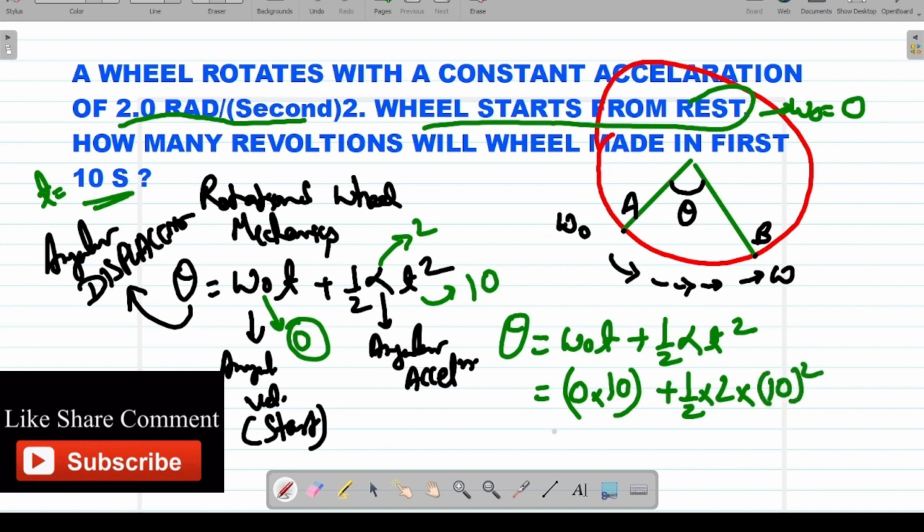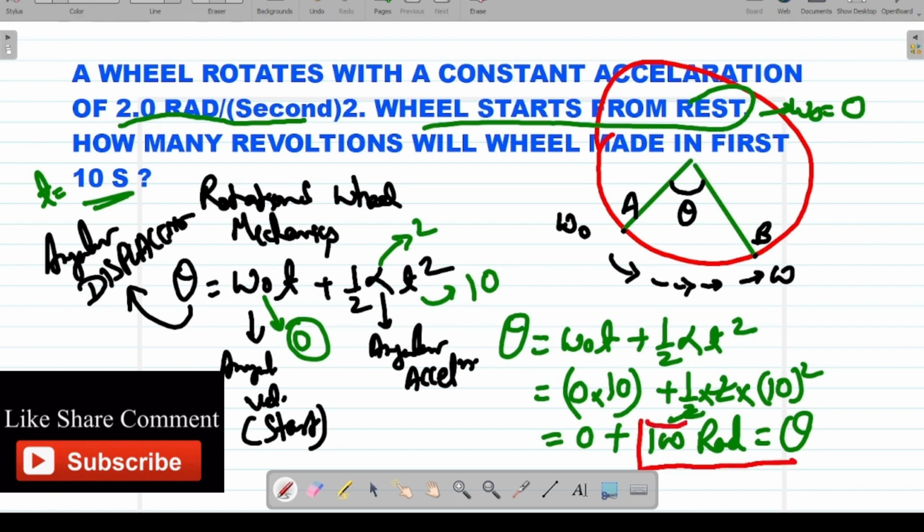Okay, the first term will be 0 and the 2 will be cancelled out, and the value will be 100. So 100 radian is the value of theta, which is the angular displacement.